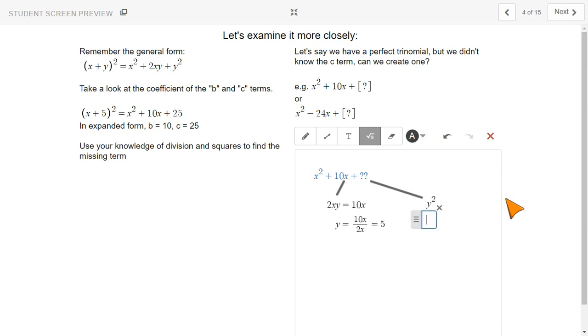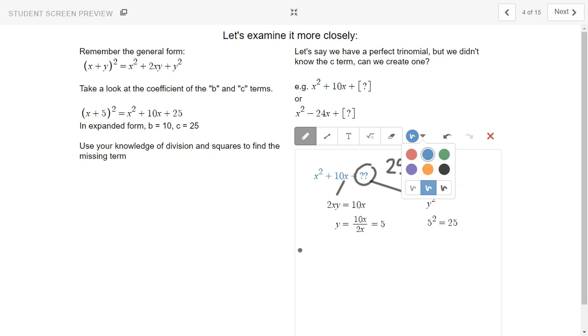So in this case, y squared is equal to 5 squared or 25. So the equation here, my c term, is going to be 25.